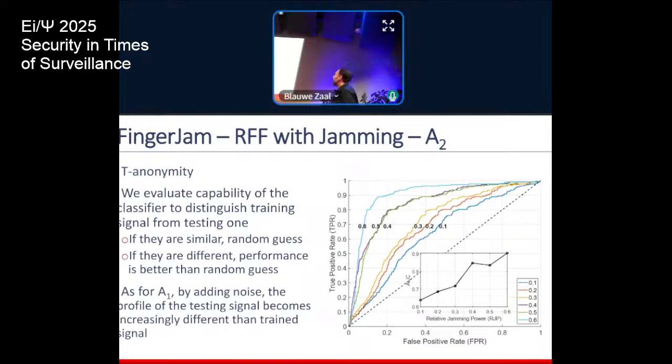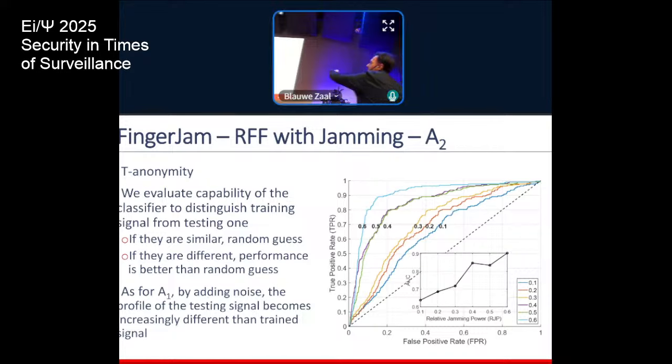What you see here is, first, the random guess line. The random guess line is the main diagonal of this graph, and it means that any point lying on it is indistinguishable from the model on which we trained. So the two models are the same.